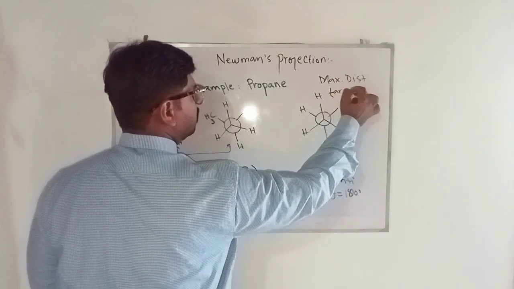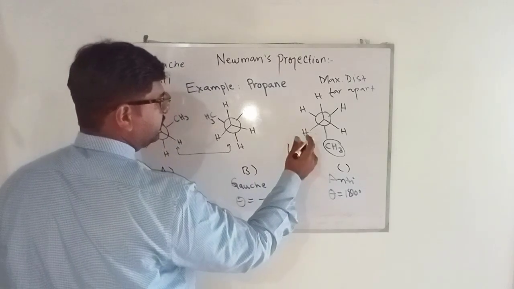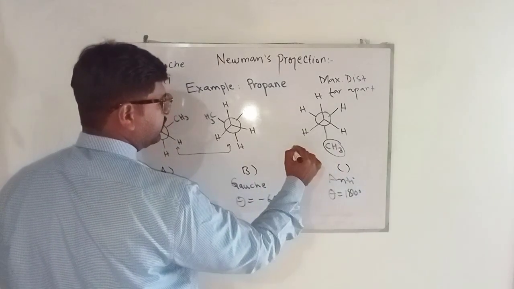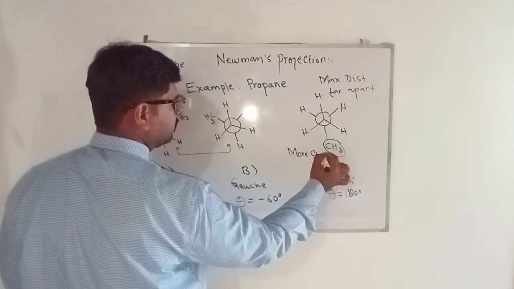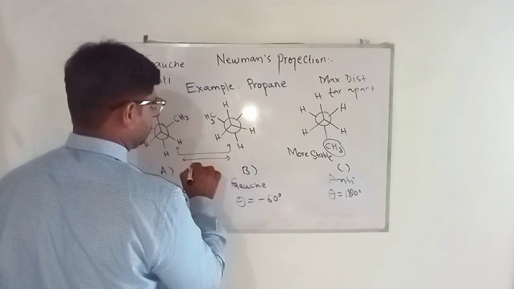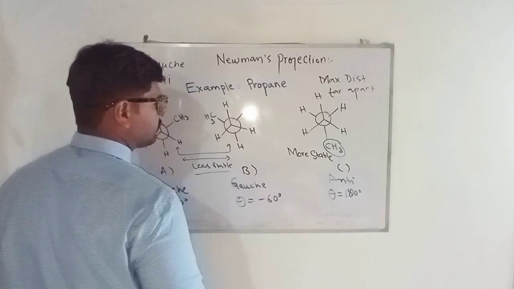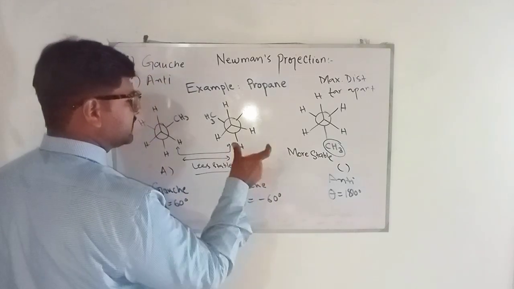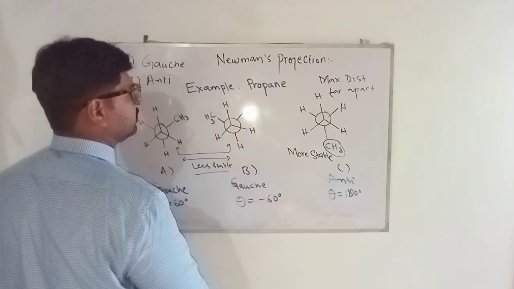So we would say that due to less steric hindrance and van der Waals repulsion, anti-conformation will be relatively more stable than these two gauche conformations. Now you came to know that there is also a stability difference between staggered conformations as well.